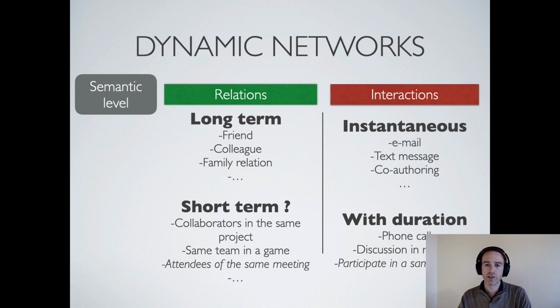But we also see that there is a link between these two things, between relations and interactions. Often, for instance, interactions will occur between people having a relation, or relations can form when people start to have frequent interactions. Other examples of interactions can be emails, text messages, or co-authoring a paper. These can be interpreted as interactions.